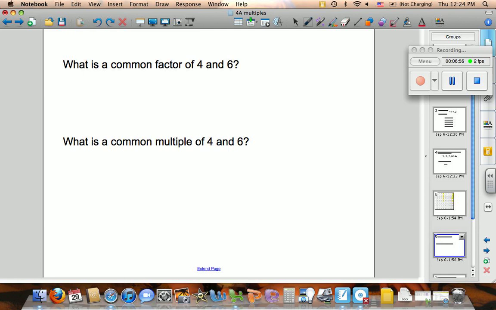So we talked about common factors, and I have a question here just to refresh your memory. What is a common factor of 4 and 6? Again, a factor is a number we can multiply to get 4 and 6. The factors of 4 are 1, 2, and 4.